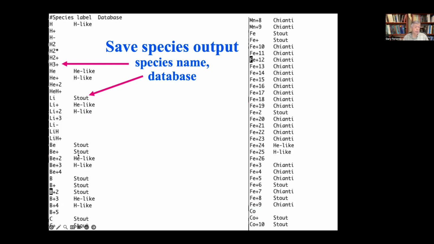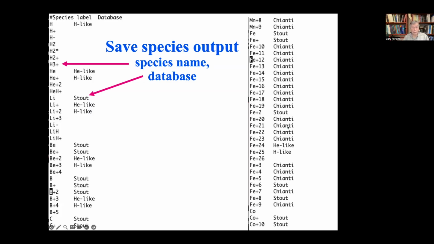So you see here, if you're interested in beryllium plus, we would use our Stout database to get you the beryllium plus emission. For these stages of ionization of iron, Chianti is exceptionally good for atomic data related to solar physics, which is their emphasis. So these ion stages of iron are very important in the sun. We use these for many of these ions.